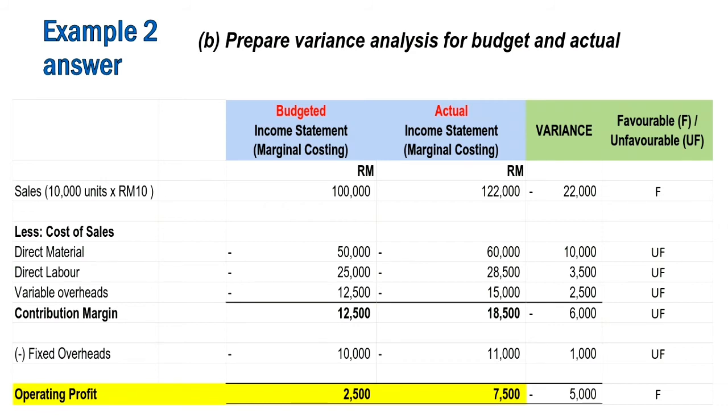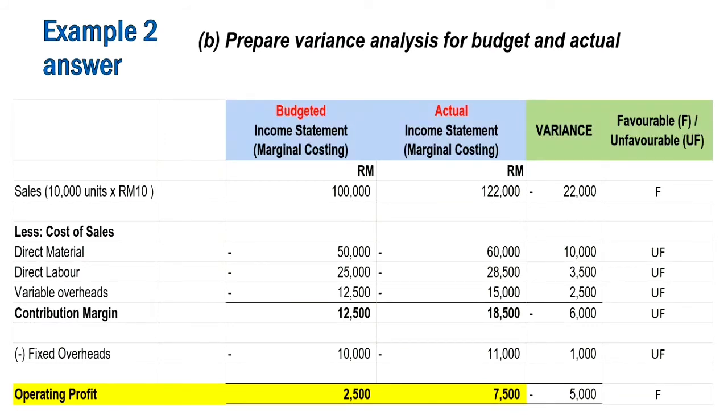Next, direct material cost, direct labor cost, and variable overhead costs. We minus line by line. Sorry, the differences are 10,000, 3,500, and 2,500. So why is it unfavorable? Because we are talking about cost.